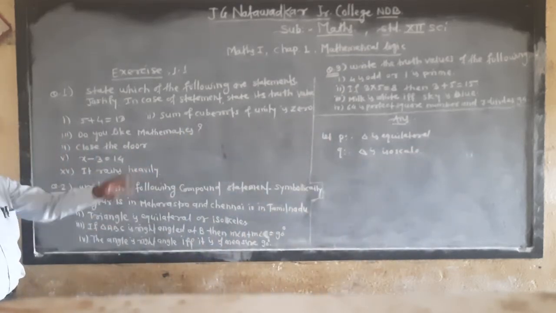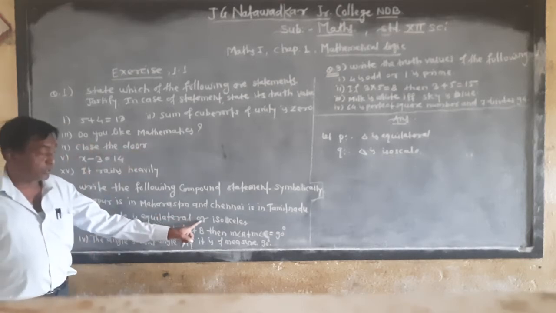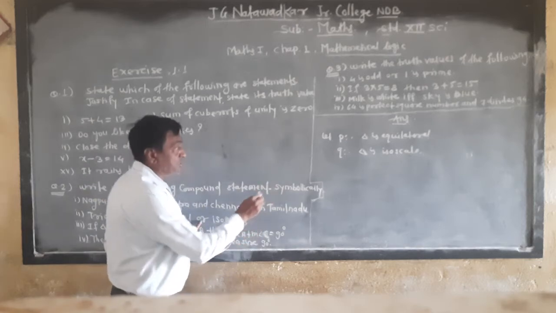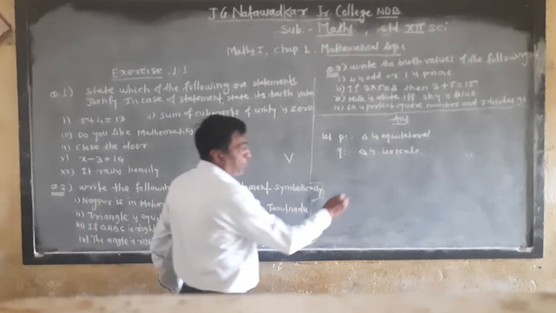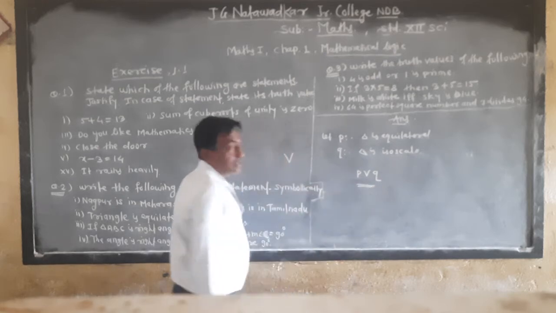Now I will write the statement symbolically, that is P and Q. But they are connected by the connective "or", and the connective for "or" is the disjunction, which is denoted by this symbol. So our required answer is P disjunction Q. This is our main answer.